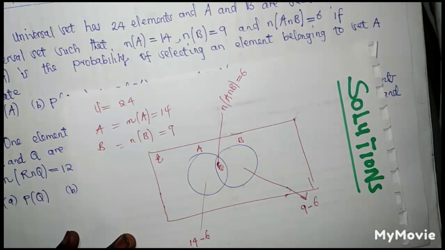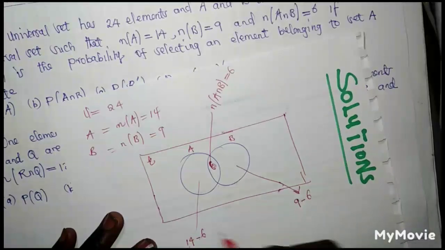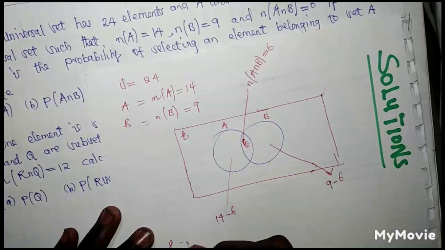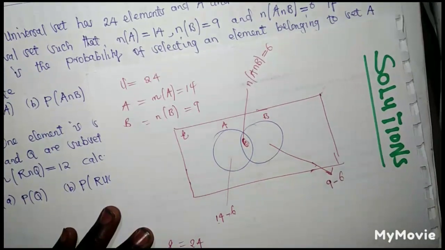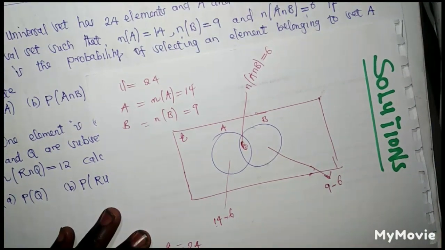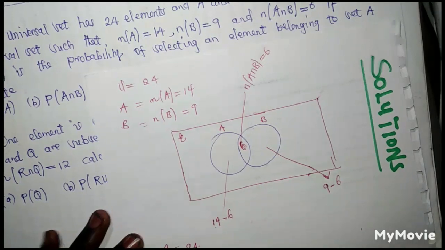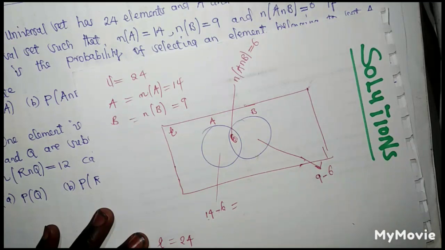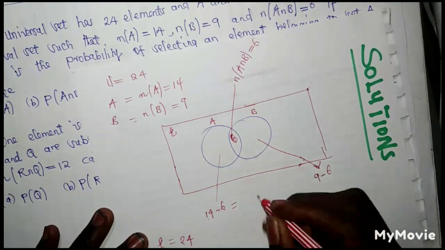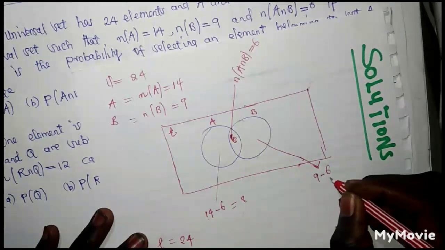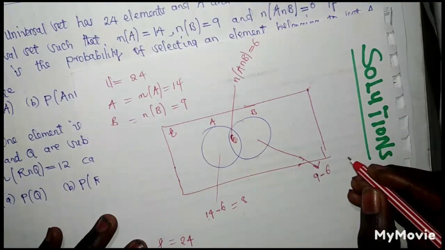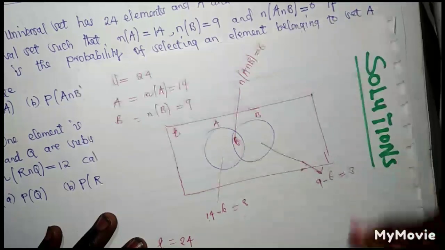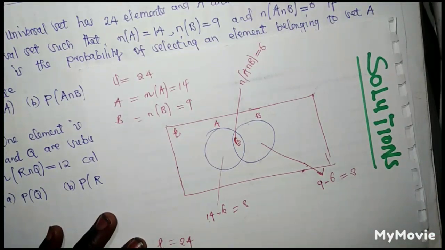The universal set E has a total of 24 elements. So if we subtract this, 14 minus 6 will be equal to 8, and 9 minus 6 will be equal to 3. Okay, so that adds up.